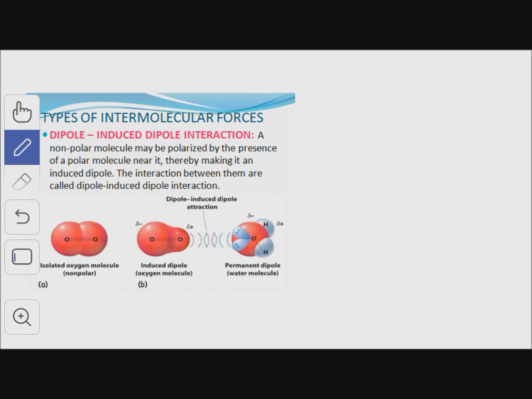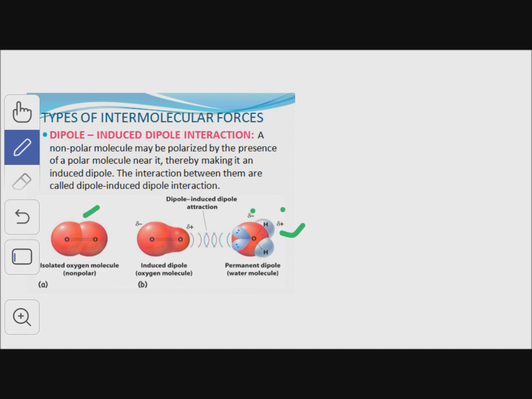For example, the oxygen molecule. This is an oxygen molecule, which is a non-polar molecule because both the oxygens have the same electronegativity. And here this is a water molecule, which has permanent dipoles, in which oxygen carries partial negative charge and hydrogen carries partial positive charge.